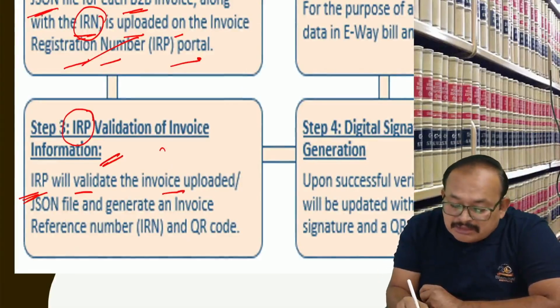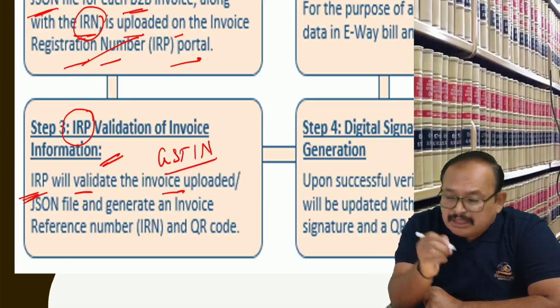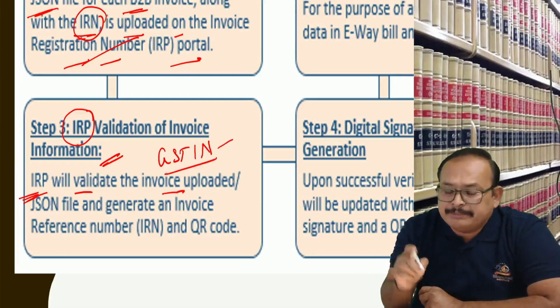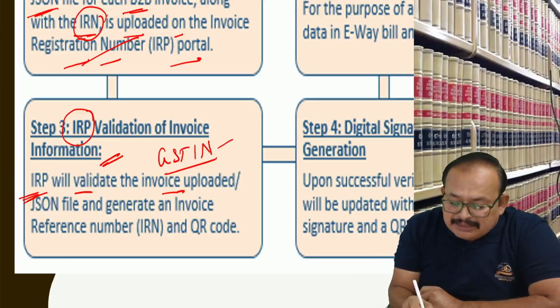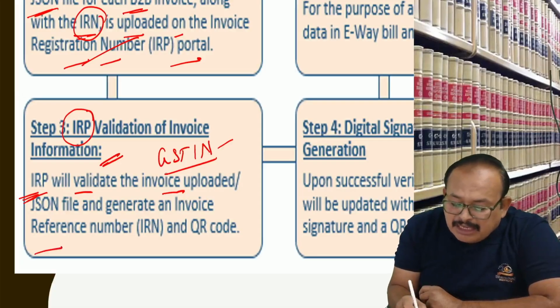That means, the GST number of the supplier and the GST number of the recipient are properly there and valid, and the JSON format file upload gets an invoice reference number and QR code.